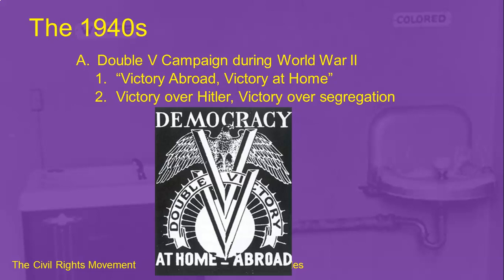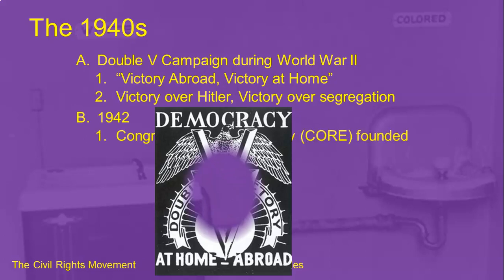The idea was that if African Americans fought for the country in World War II and showed they were patriotic American citizens, the country would turn around and say, you fought for a country that didn't give you your rights. That's wrong. You should be given your rights, and we should make up for that.